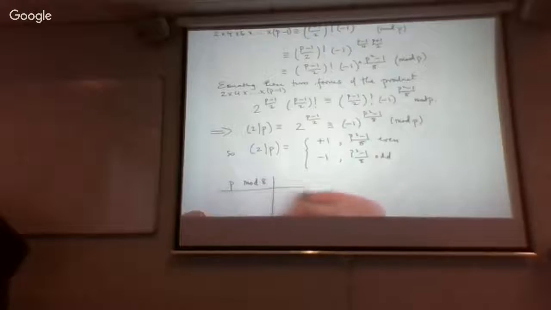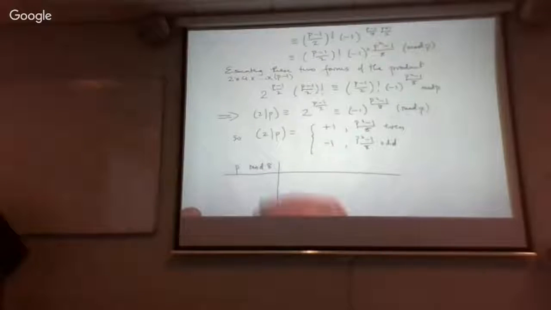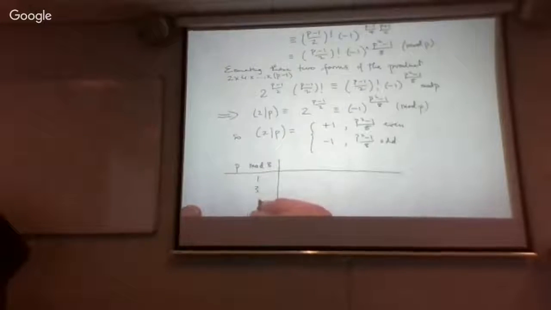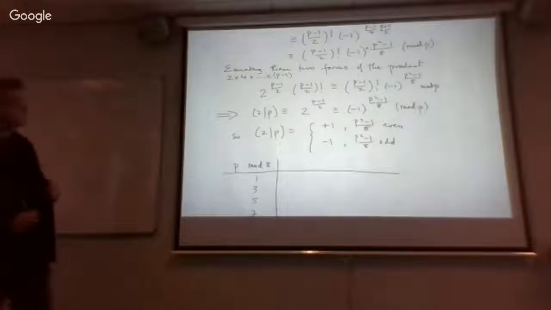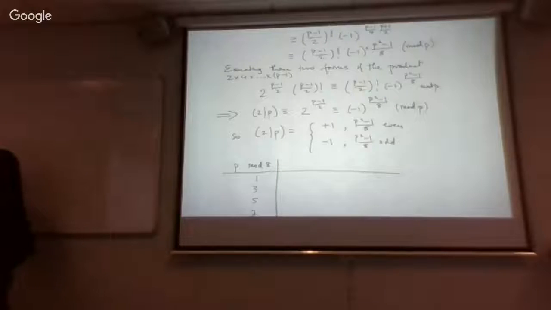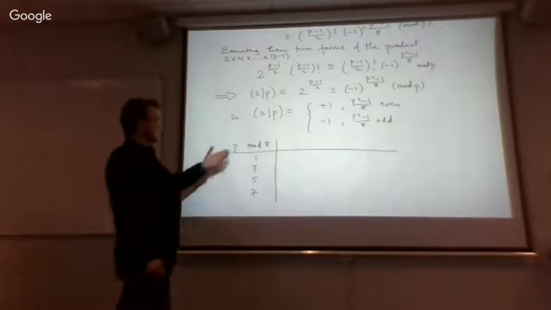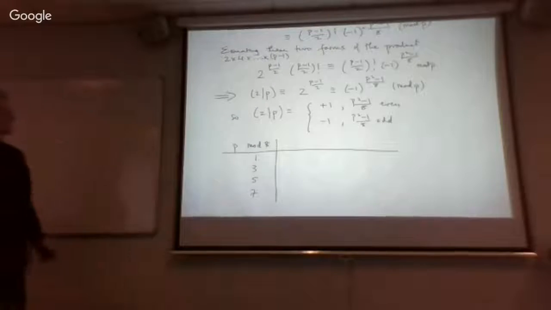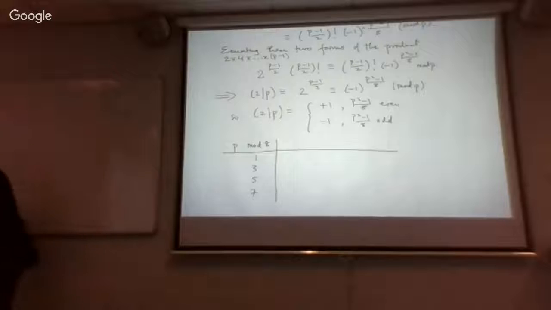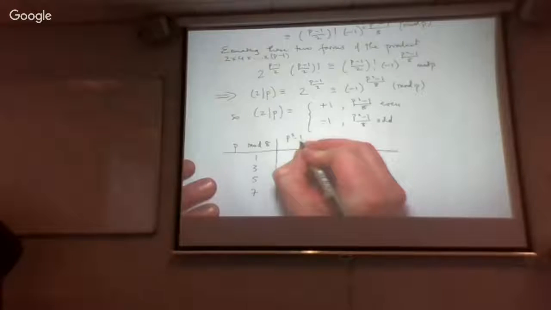So we can draw up a table. What are the possibilities for p mod 8? Well, any prime modulo 8 has to be one of these 4, doesn't it? 1, 3, 5, or 7. You can't have a prime being congruent to 2, 4, or 6 modulo 8, because then p would have a factor of 2. It wouldn't be a prime number. So that's p mod 8. Then p squared minus 1 mod 8.